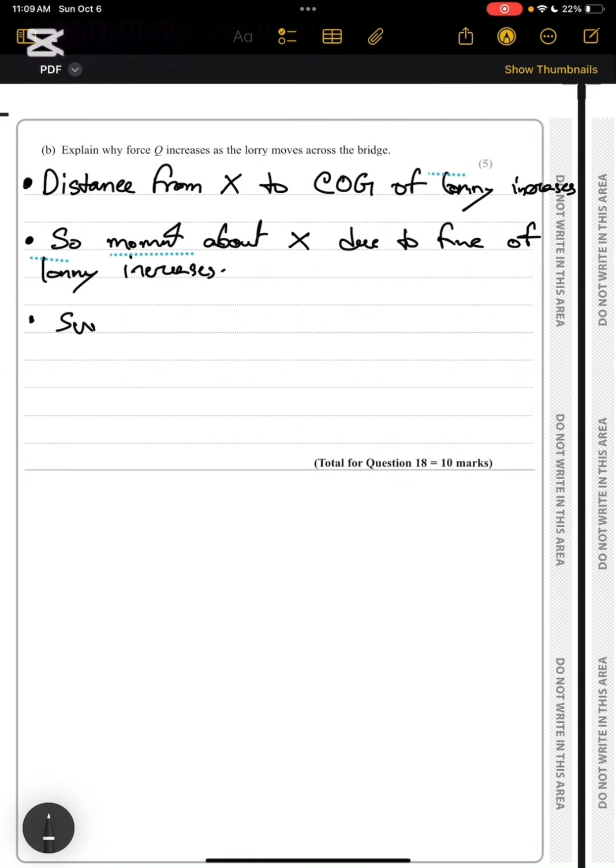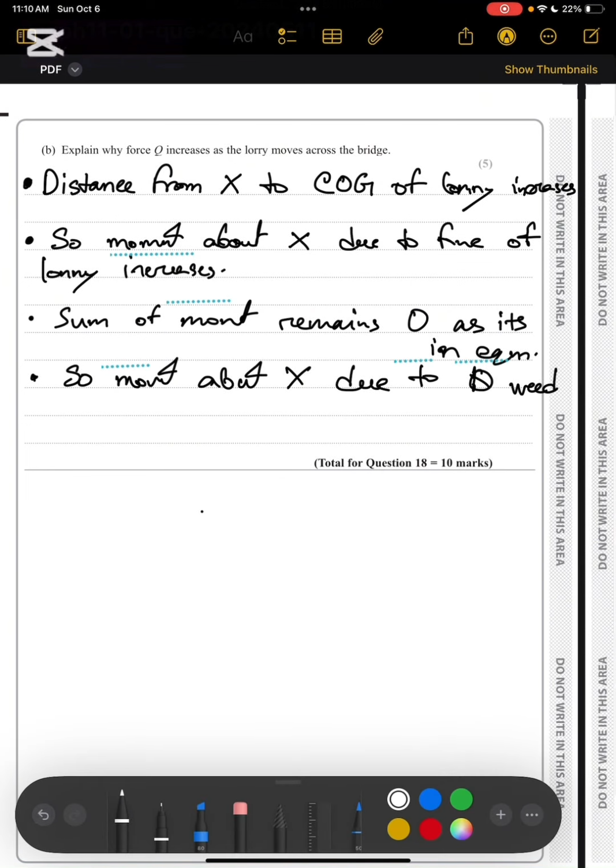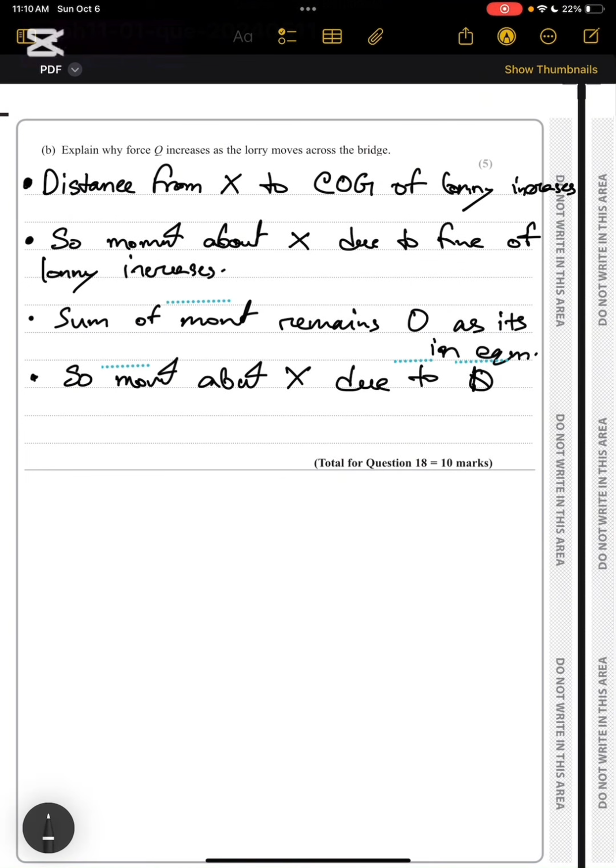The sum of moments is zero, as it is in equilibrium. So the moment about X due to Q increases.